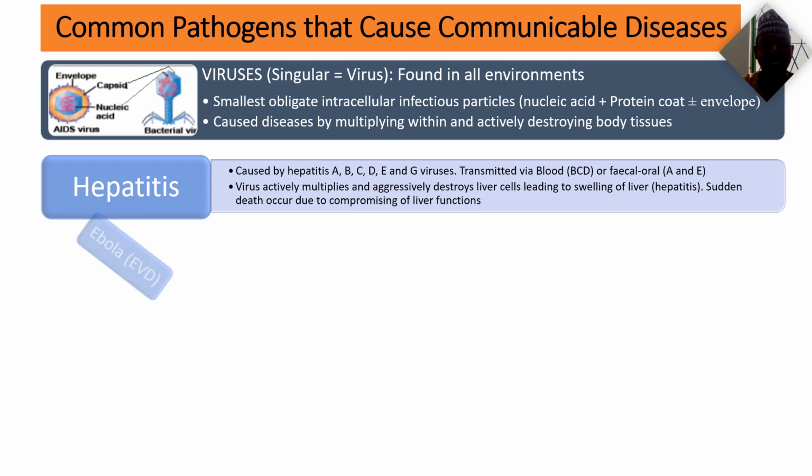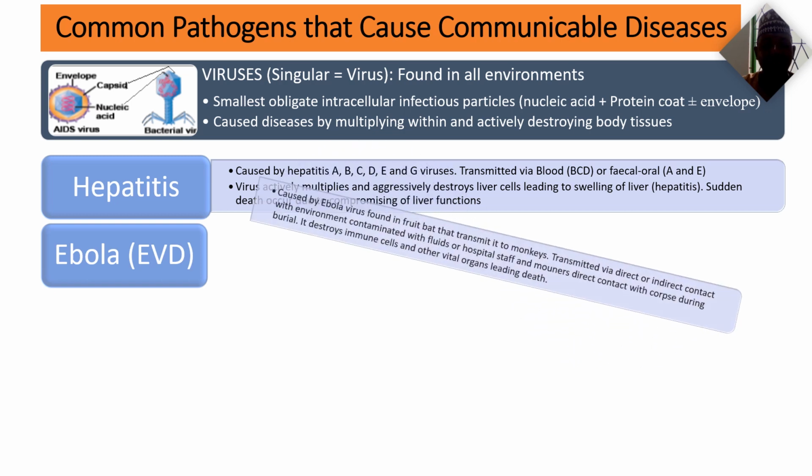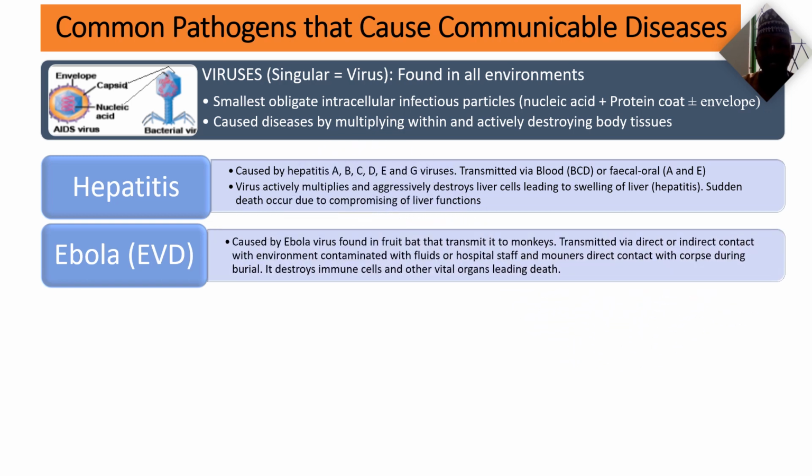Now, the next type of viral disease, which is common in the environment, is Ebola viral disease, EVD. Ebola viral disease is a type of viral disease that is caused by a virus called Ebola virus.